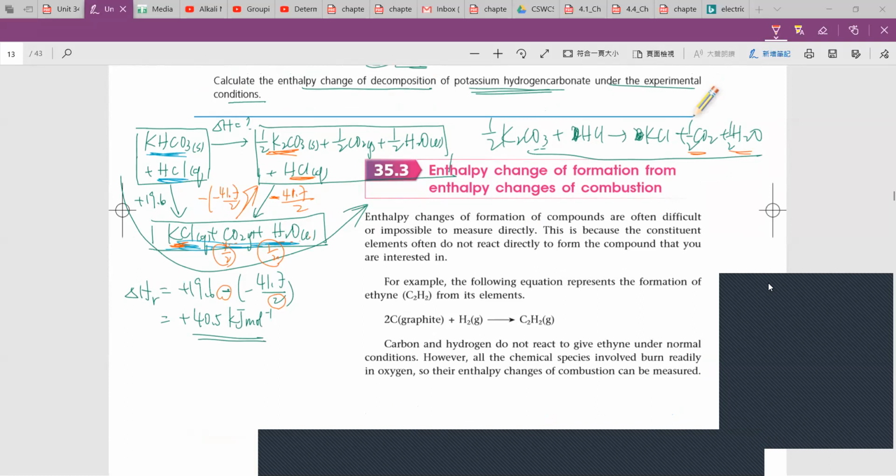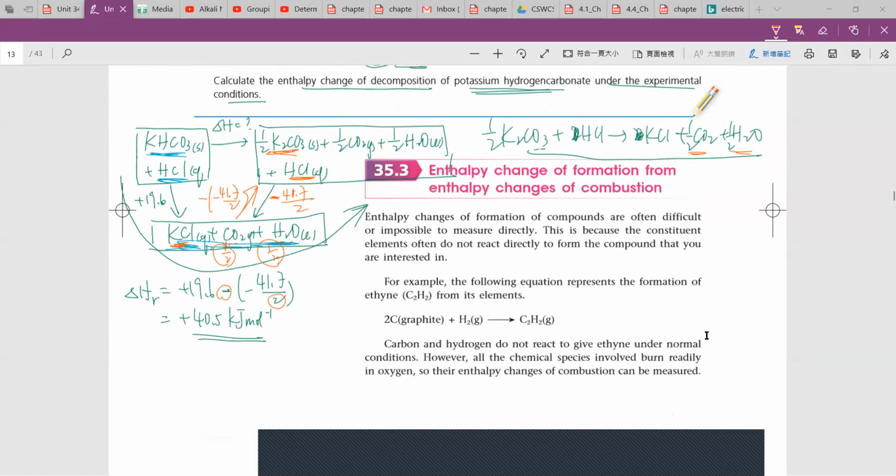We are going to take a further look at those two enthalpy terms. We hope that we master the skills of writing those enthalpy cycles, and when time allows, we will continue with the algebraic method.